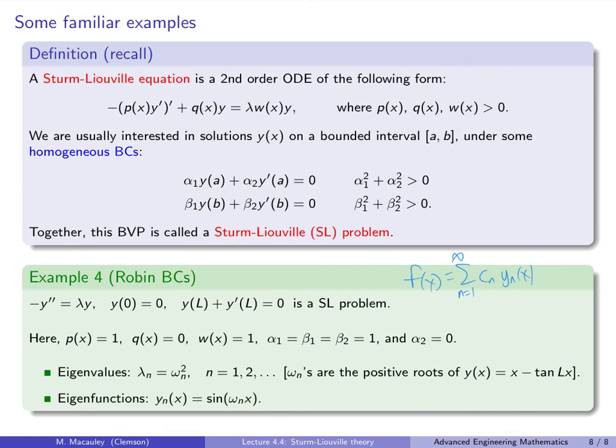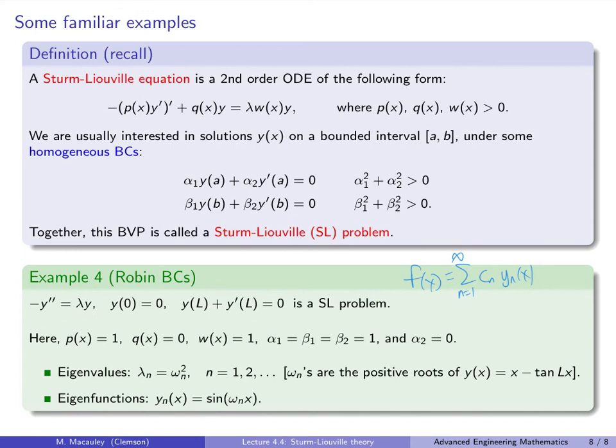And that's a remarkable result. In the special cases of examples 1 and 2, we get Fourier series, and you've seen that before, and that's remarkable in itself. But here we get this for sine waves with these weird irrational frequencies. And this is just a really simple Sturm-Liouville equation.